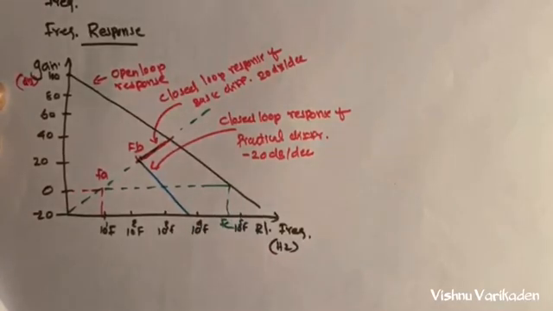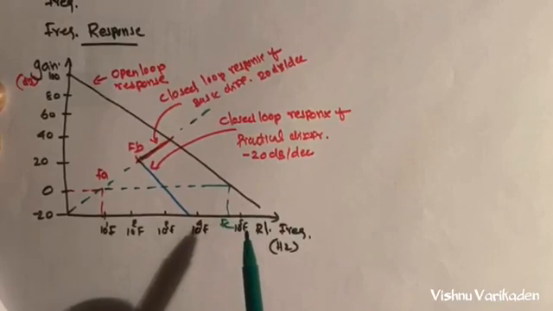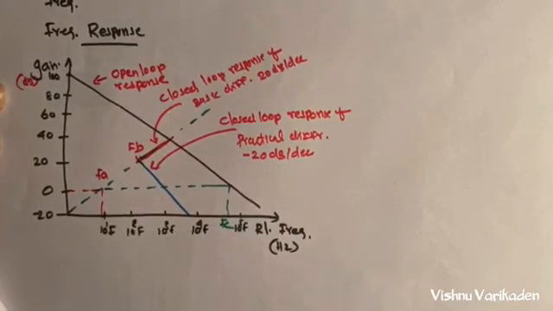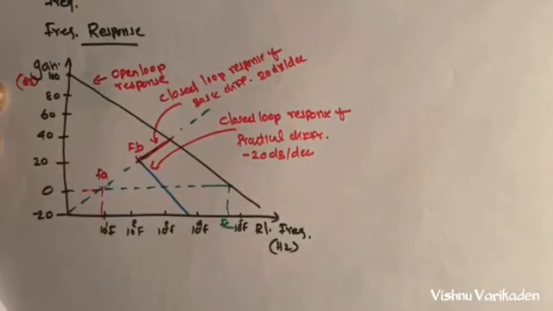That is the cutoff frequency. FA is the upper cutoff frequency, and FC is the unity gain bandwidth of the open loop configuration.